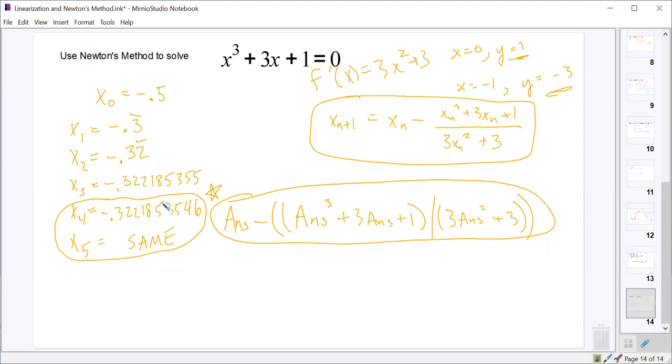So if you wanted to redo this but start at x sub 0 is 3, it'd probably take 5, maybe 6 iterations to get to 10 decimals of accuracy, but you'd still get the same value, which is pretty darn cool, I think. And that's Newton's method. Hooray!